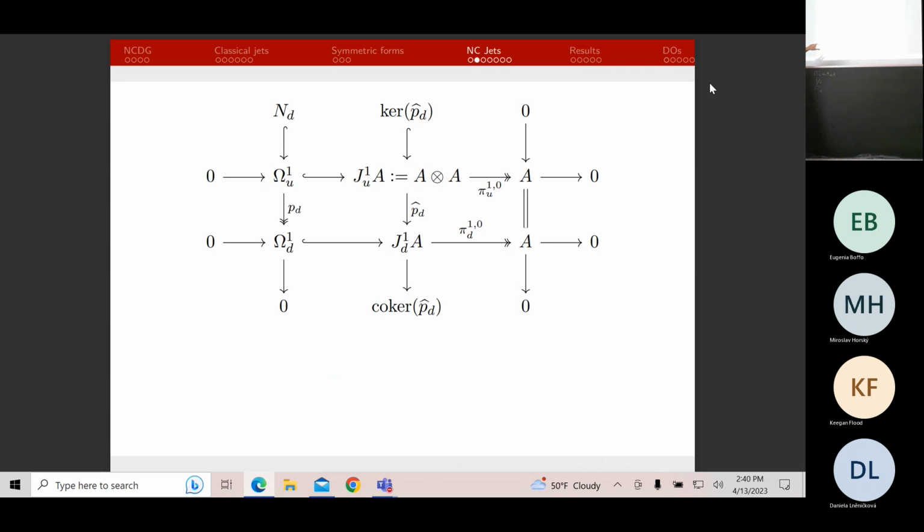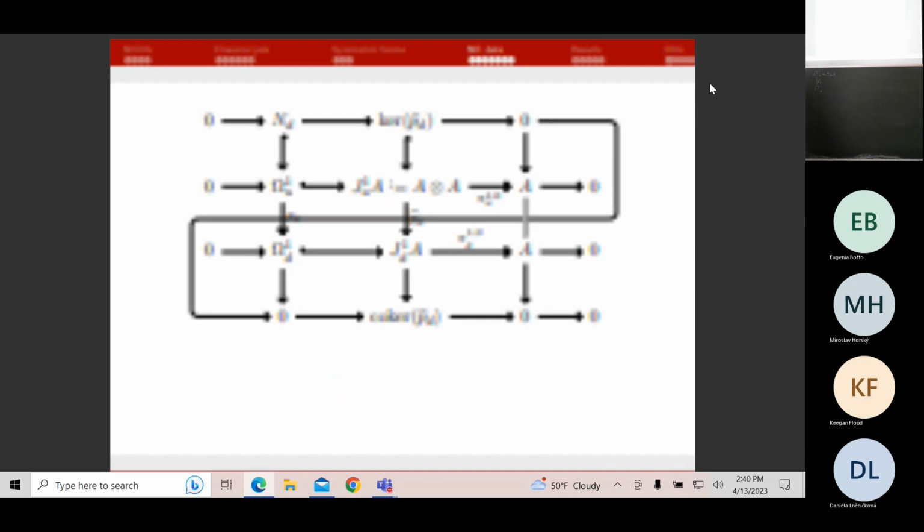Turns out that the only spaces that are not trivial are the kernel and co-kernel of the central map, which we know nothing about so far, and the kernel of this P hat D, which we call ND, and for us represents the first order differential relations of the calculus.